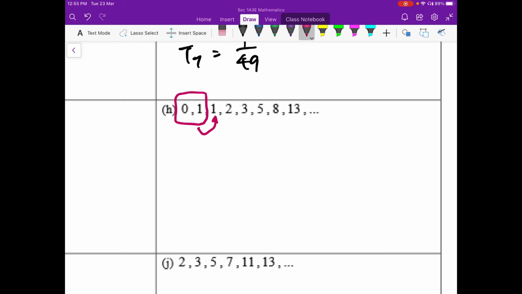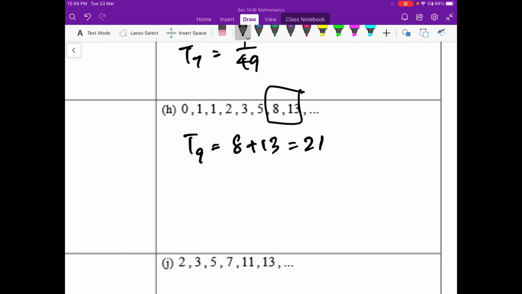That's it. If you look at 1 plus 1, you get 2. If you look at, for example, 3 plus 5, you get 8. So now, the next term will be the sum of 8 and 13. So 1, 2, 3, 4, 5, 6, 7, 8, 9. Term number 9, 8 plus 13 to give us 21. Term number 10 will be 13 plus 21 to give us 34.